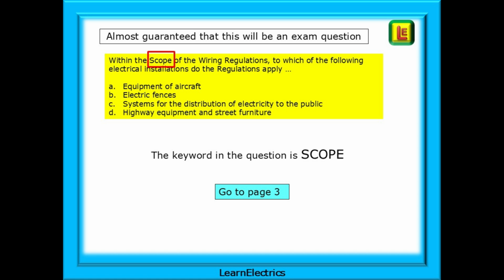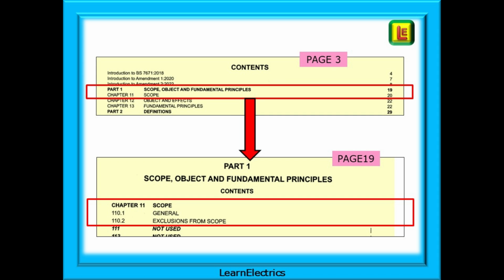Now we can go to page 3. On page 3, we can find scope in part 1, and this directs us to part 1 contents page on page 19. Page 19 breaks this down further, and we shall be looking at the general rules or section 110.1.